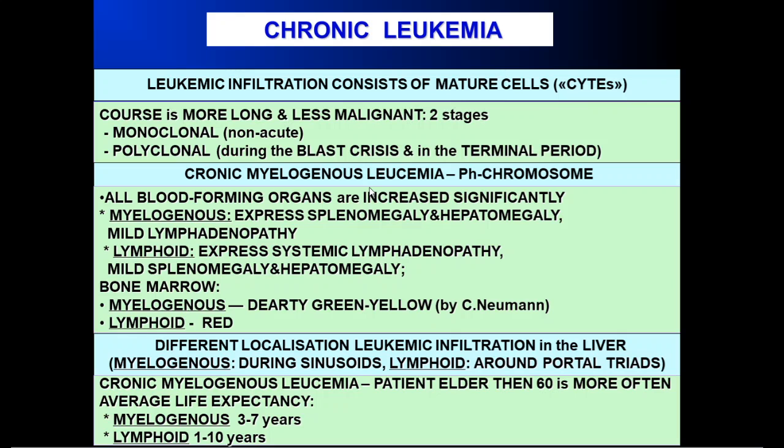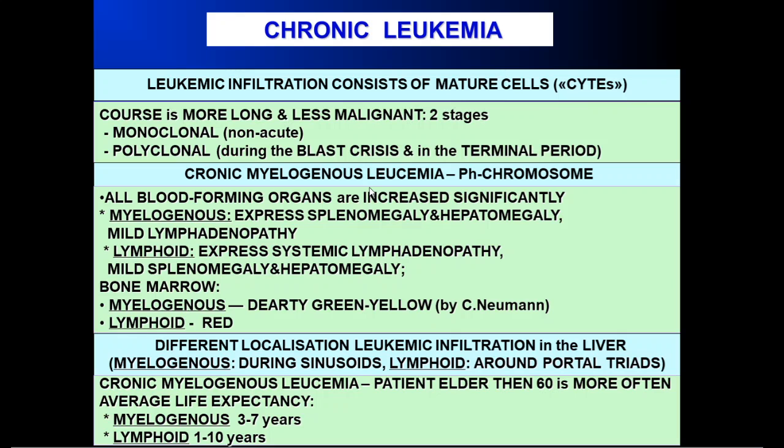Bone marrow, you can also use these features. So myelogenous has a dirty green-yellow color of bone marrow, and in lymphoid leukemia, the bone marrow has a more reddish color.